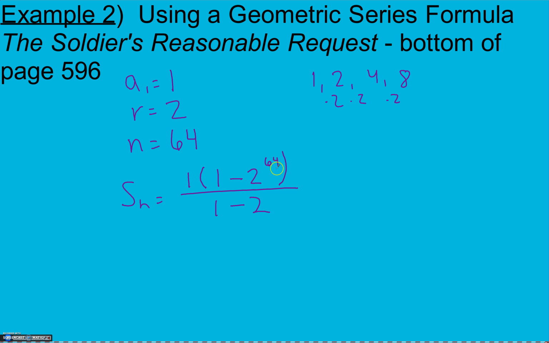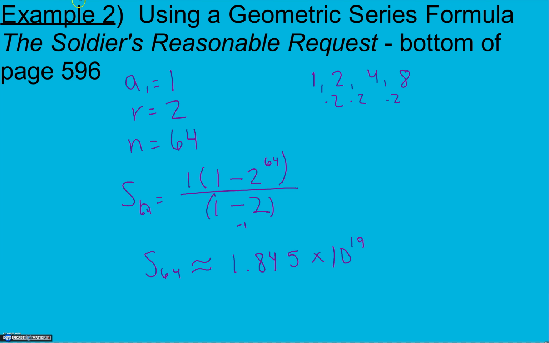2 to the 64th power is going to be a huge number. So just looking at it right there, you should recognize that this is going to be a substantial amount. So the sum of the first 64 here, or how many kernels that he asked for, again, you can simplify that to negative 1 or put it in parentheses, is going to be approximately 1.845 times 10 to the 19th.